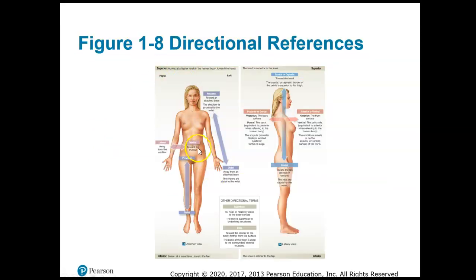Okay, so we have medial towards the middle, lateral towards the side. Like the arm is lateral, the navel is medial. Proximal and distal, I will explain in the next lecture. Posterior toward the back, anterior toward the front, cephalic or cranial toward the head, and caudal is toward the feet.